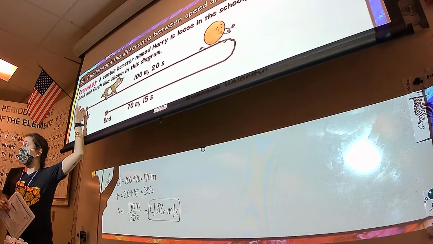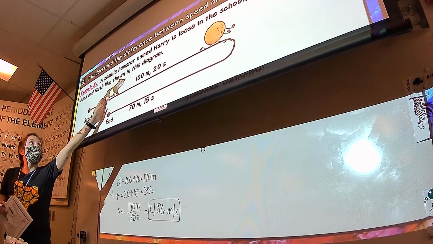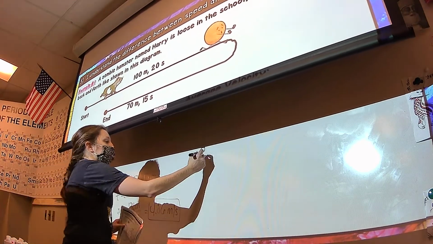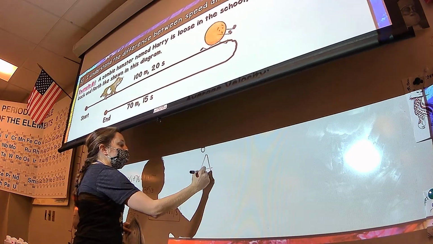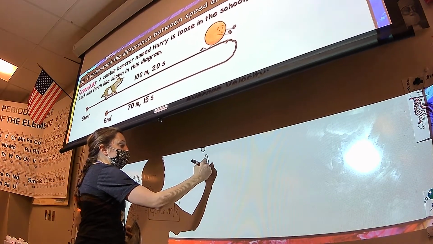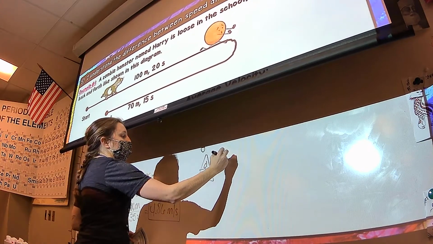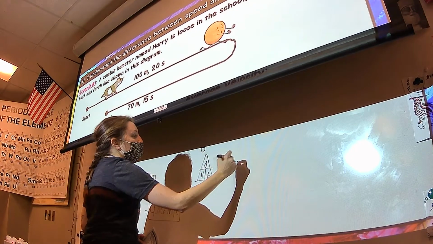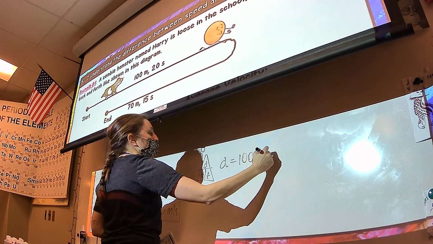Do you remember how we figure out distances? You're going to subtract 100 minus 70. So, here's our triangle. We have D, V, and T, and this is for displacement. So D is going to equal from start to end, 100 minus 70.